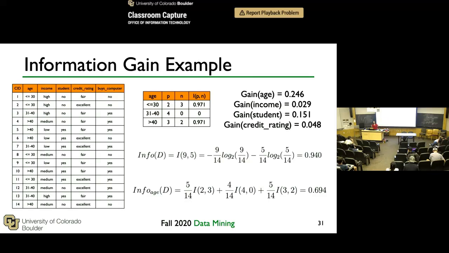No. Because when you do the branching, each branch is a subtree, a subset of your original data set. So you cannot reuse the gain values you have calculated in the previous level. Now you have to repeat, using the new subset as your D in the calculation. Make sense?